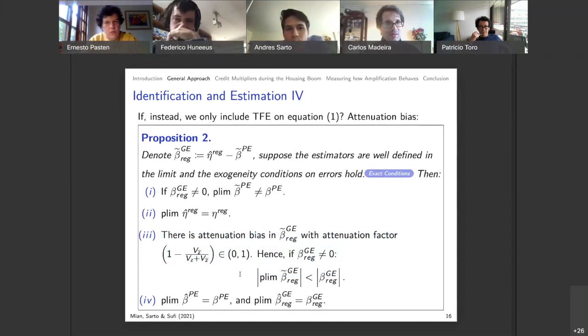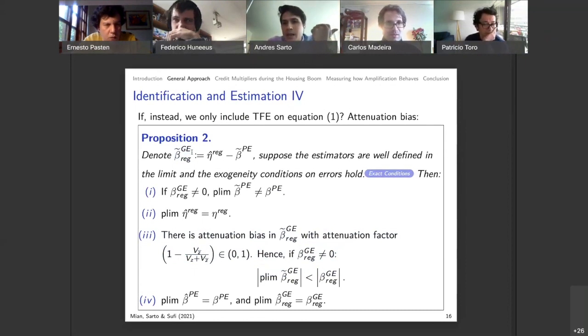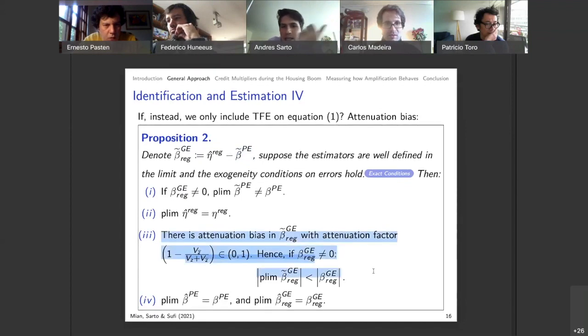But basically, suppose that you define your estimator as the difference between, so the same thing that you were doing before, but now you mess up in a sense, and you don't use the partial equilibrium estimator that I had before. You use this one, which only includes the time fixed effect. Okay, what is the effect of doing that? Well, result 3 says that there's going to be basically attenuation bias.